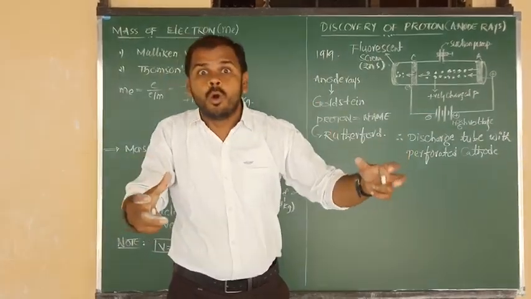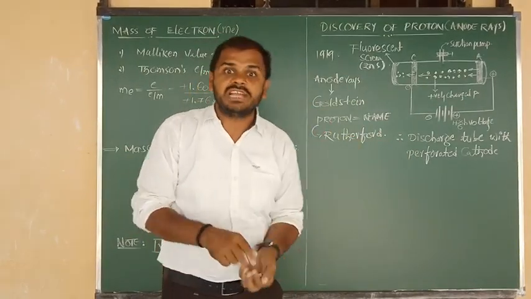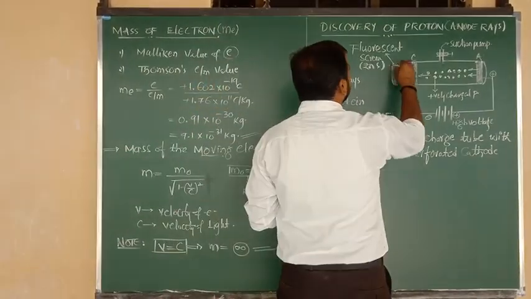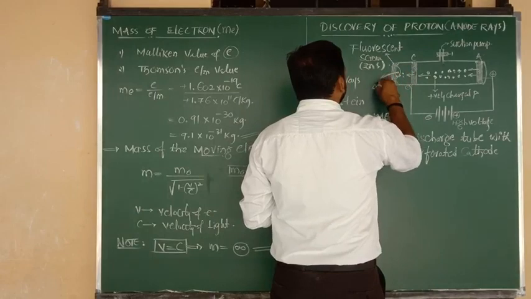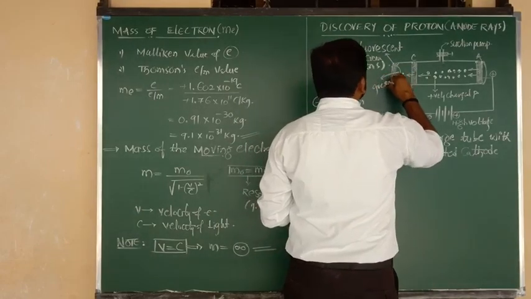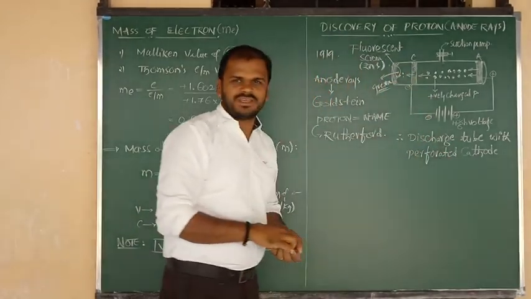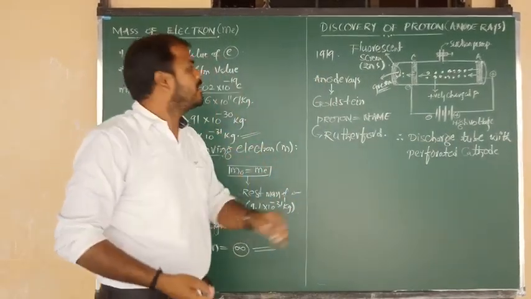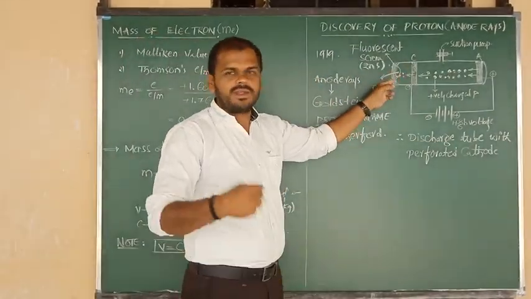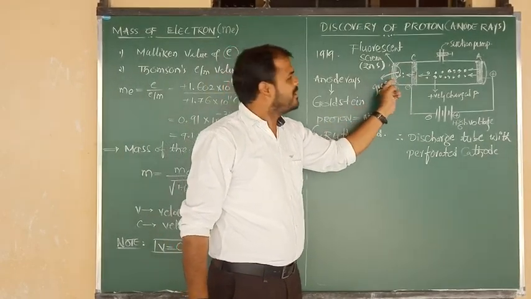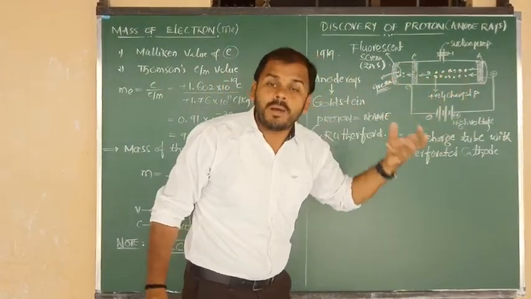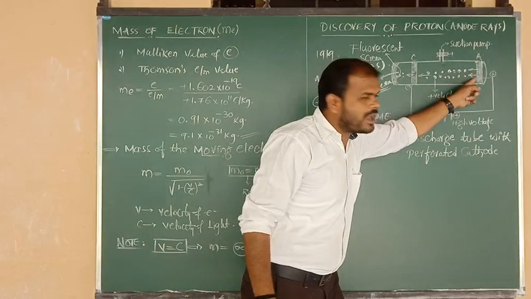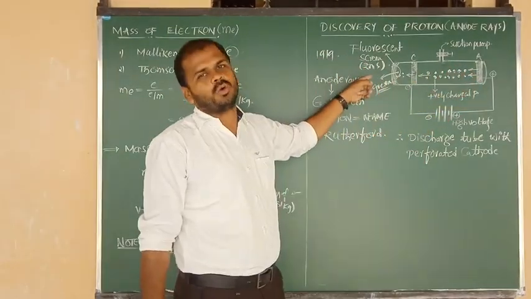By seeing a glow, a flash of light, the green flashes, after the cathode screen, we can definitely say that anode particles are releasing from the anode and moving towards the cathode.